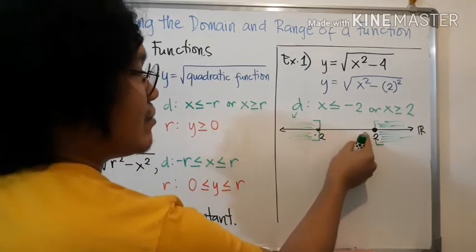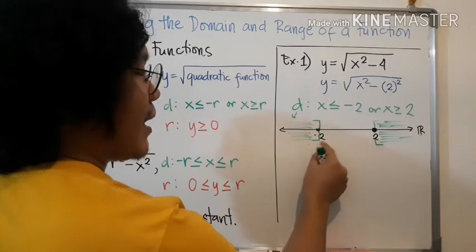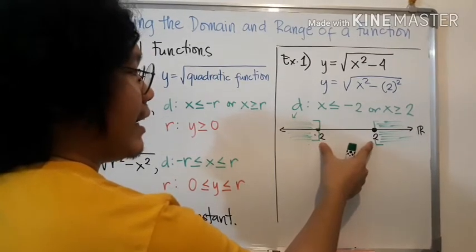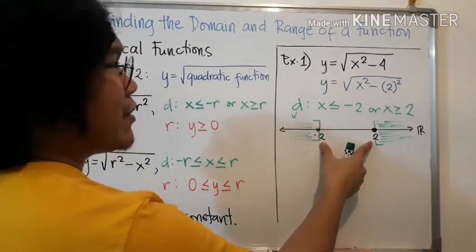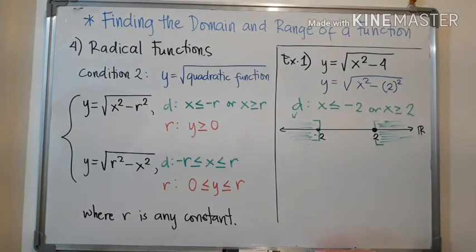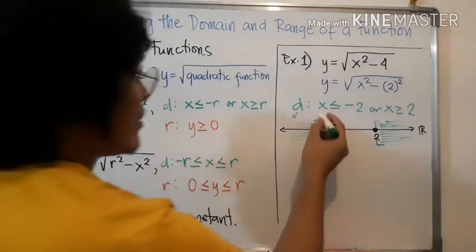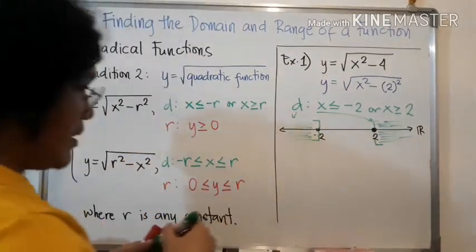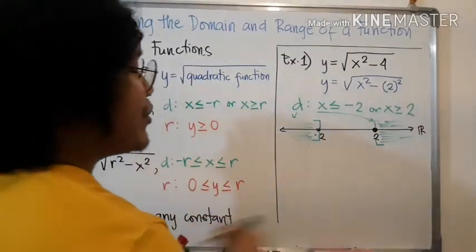These values in between these elements are not included in the domain. So that is what our domain means. This is also part of the domain.